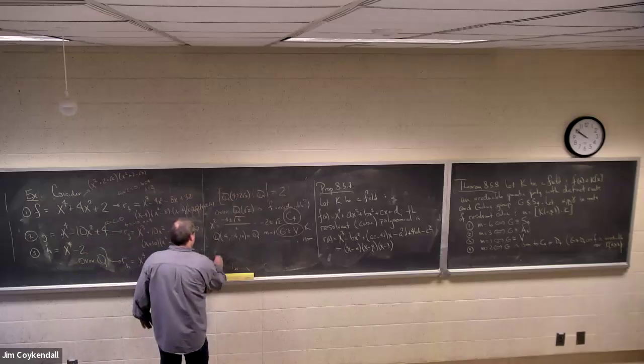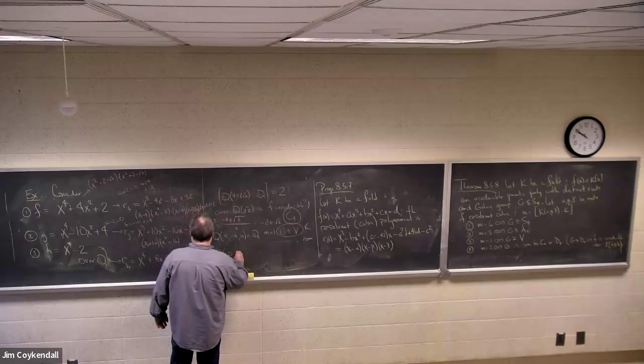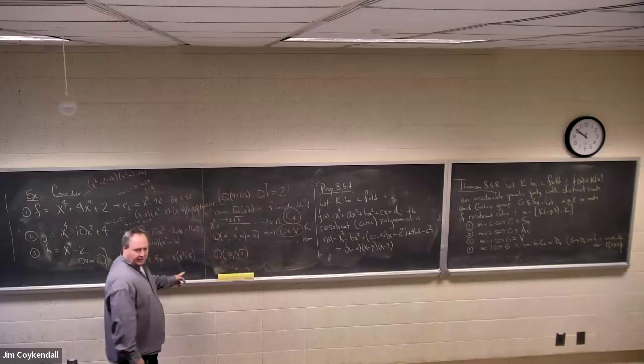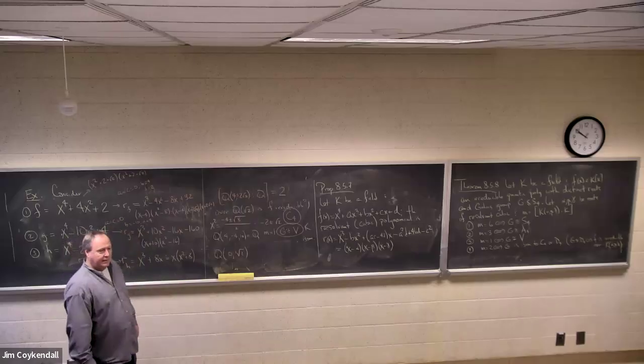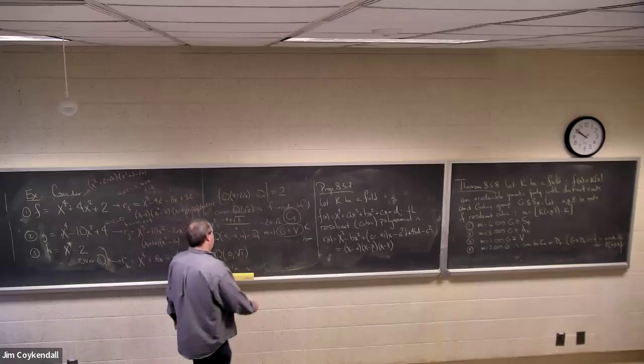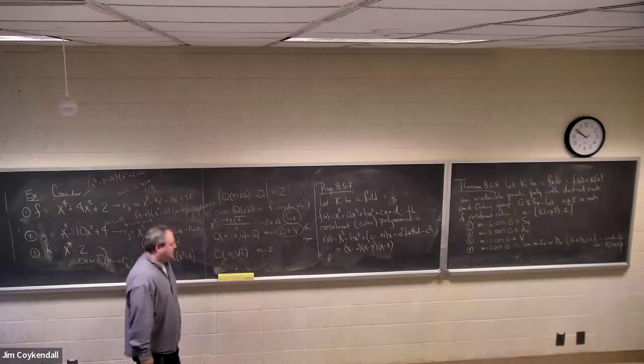So the field here is Q adjoined 0 and radical 2i, because you get plus or minus square root of -8.